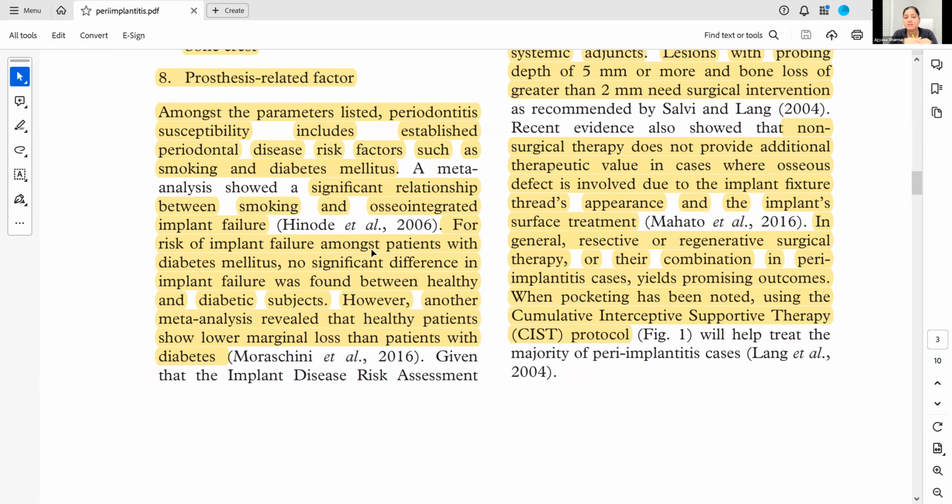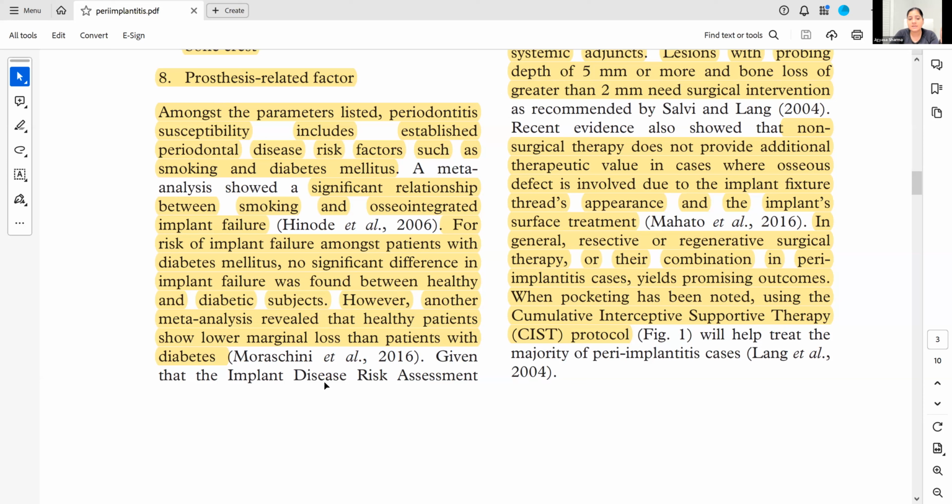For the risk of implant failure amongst patients with diabetes, no significant difference in implant failure was found between healthy and diabetic subjects. So smoking has been directly linked with implant failure, whereas for diabetes, no direct link was found between implants in diabetic patients and healthy patients.